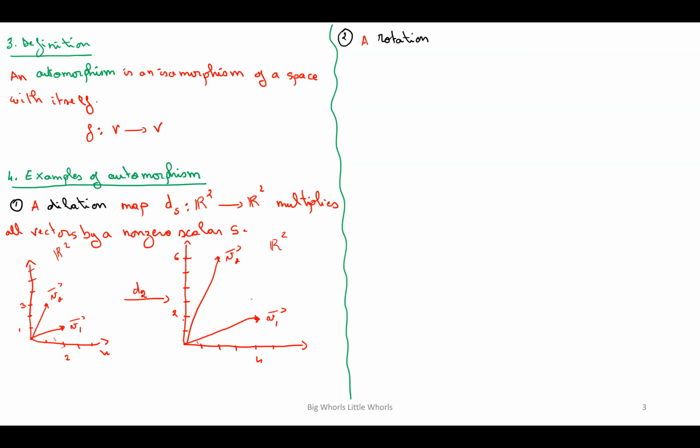A rotation, or turning map, is defined as follows: T_theta, from R2 to R2, rotates all vectors through the angle theta.